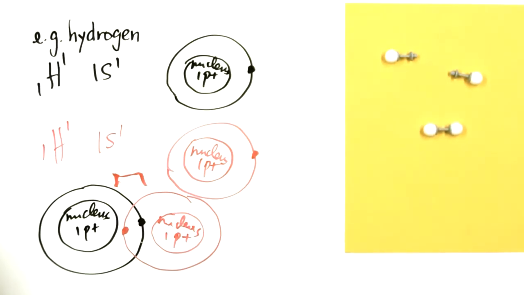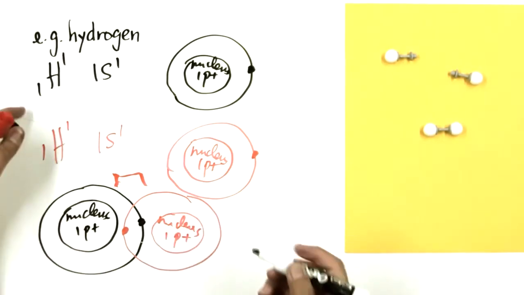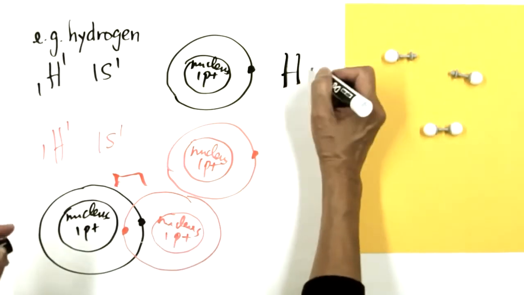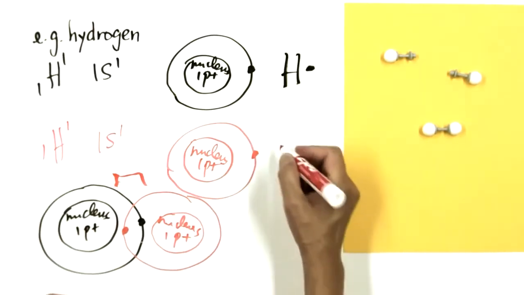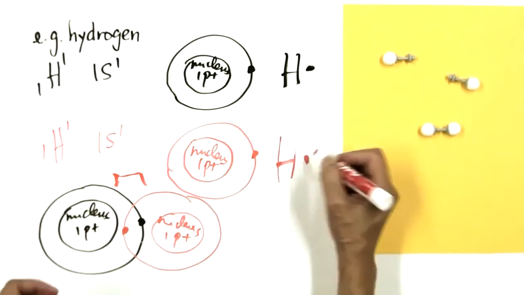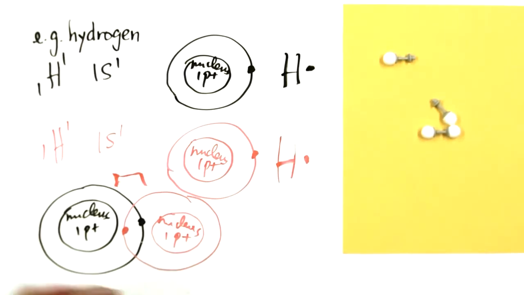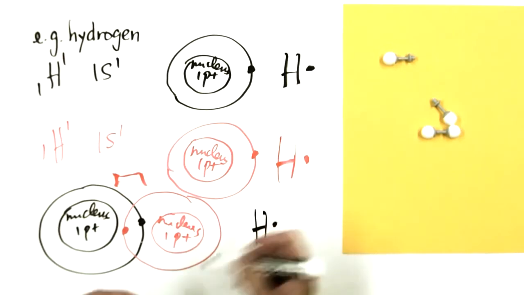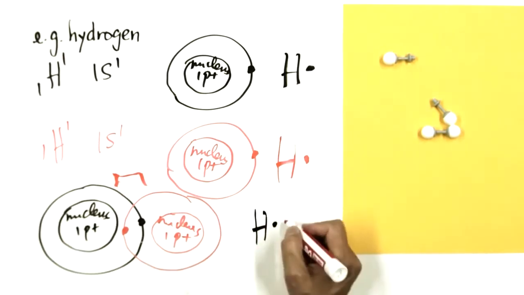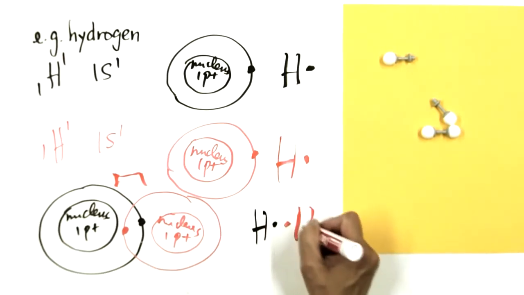So if we were to redraw this now, I can show this to you. Remember, we can draw this hydrogen in this way with the Lewis symbol, and this molecule here we can draw like this, where you now have a shared pair of electrons, right?